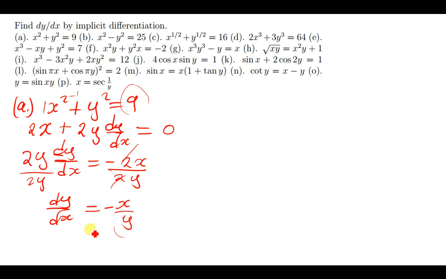So this y, from this expression that we have, we can make y the subject of the formula. So we're going to have y squared is equal to 9 minus x squared.